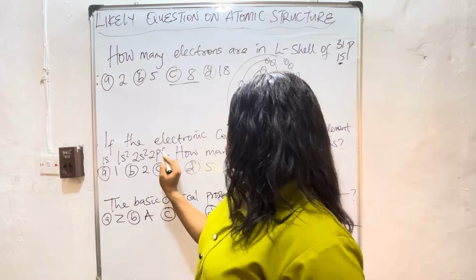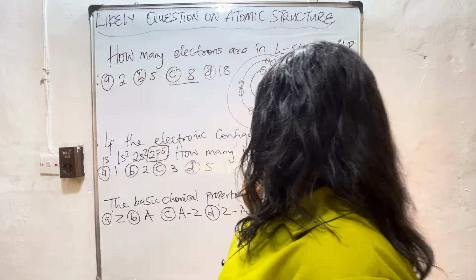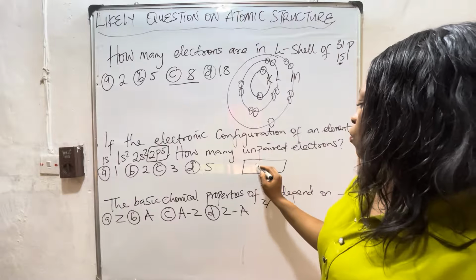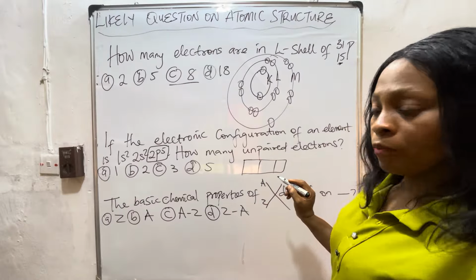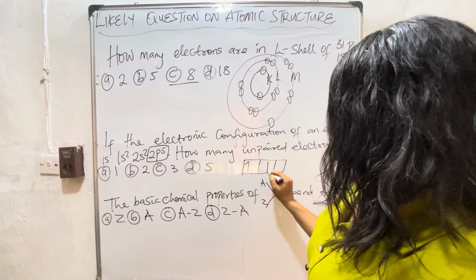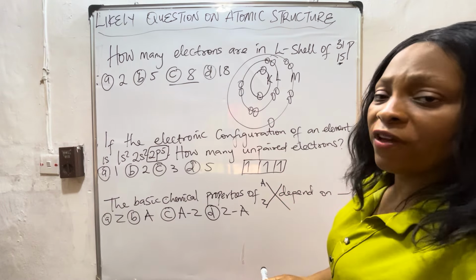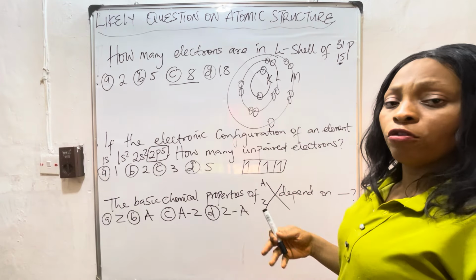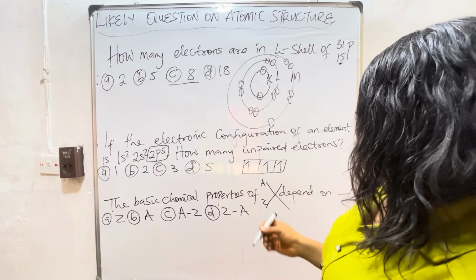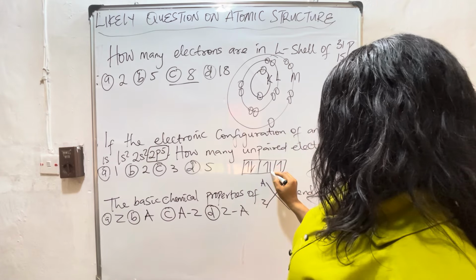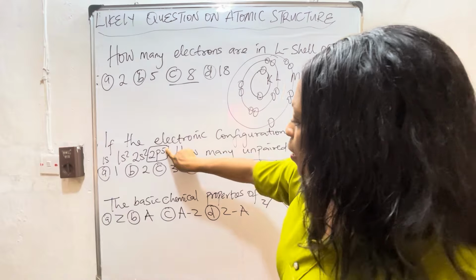So who is our p orbital here? This guy here. Now it is split into 3 places. So 1, 2, 3. You must first of all fill them singly before you begin to pair them.